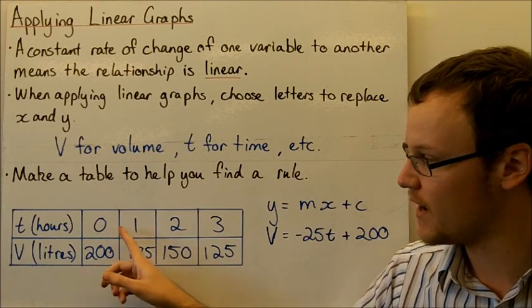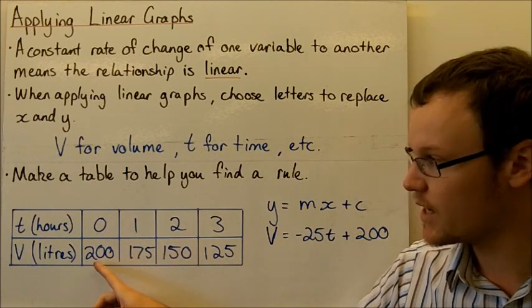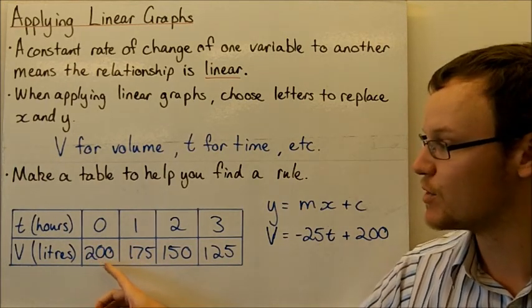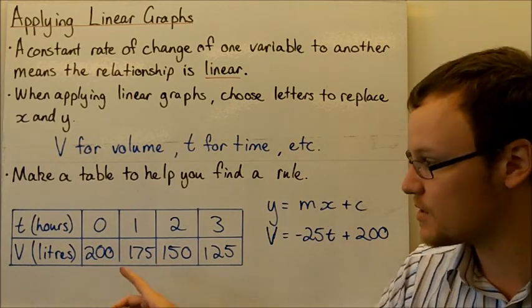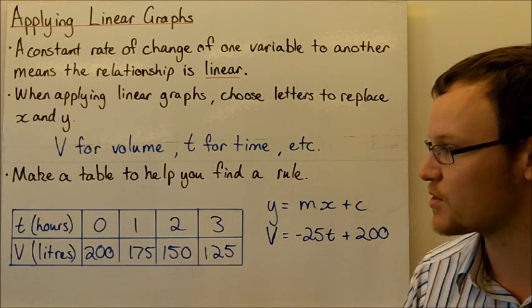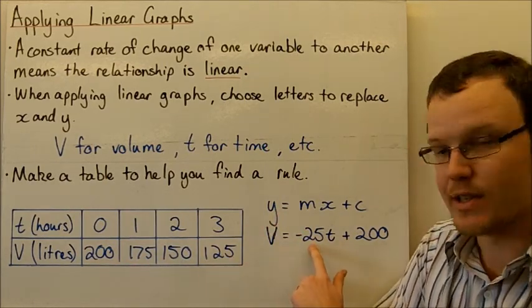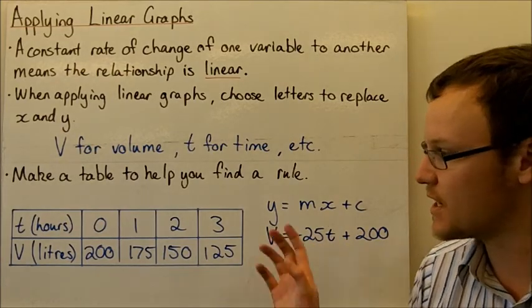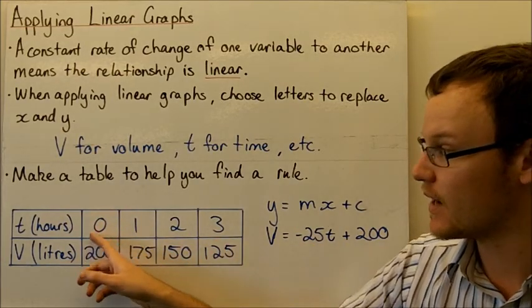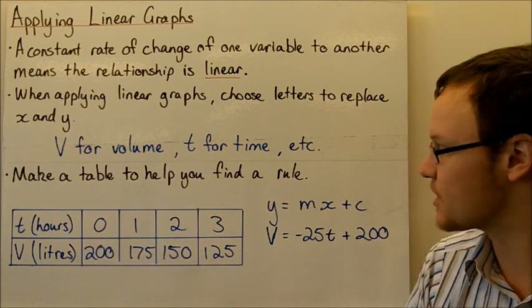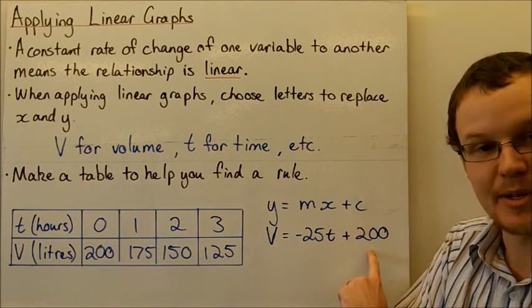We can see that for every hour the V value reduces by 25 litres: minus 25, minus 25, minus 25. So our value for m is going to be minus 25. Our value for c will be our value when our time is 0, which is 200. So c is going to be 200.